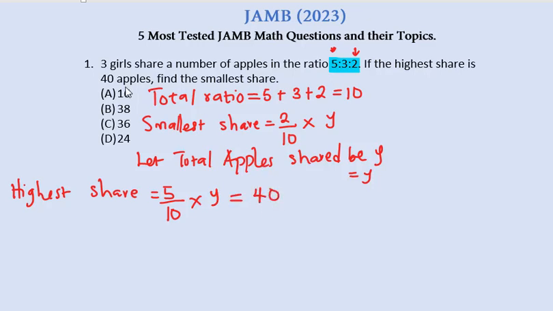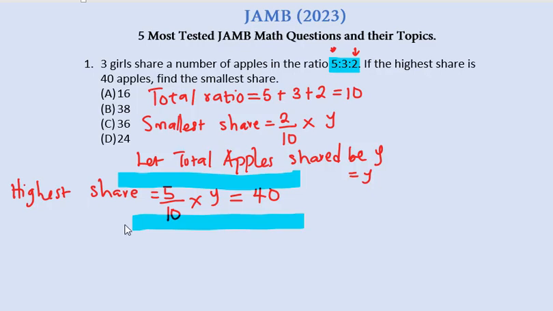Because remember they said the highest share received is 40 apples, and that's why we're solving like this. Now why do we need this equation? We need this equation because it will help us to find the total number of apples shared. Then once we figure this out, we can come back here and solve.